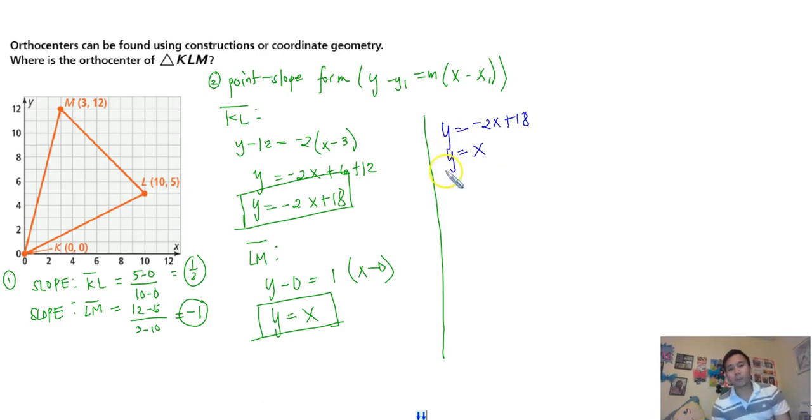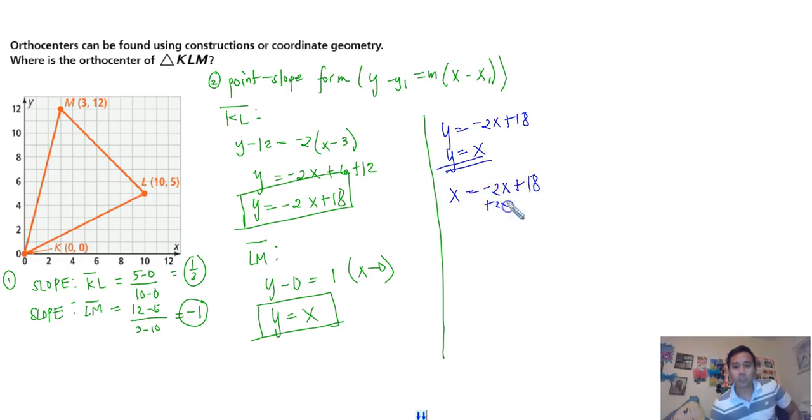Because y is equal to x, I can substitute y with x in here, or you can substitute x for your y. So I'll be doing x is equal to negative 2x plus 18.